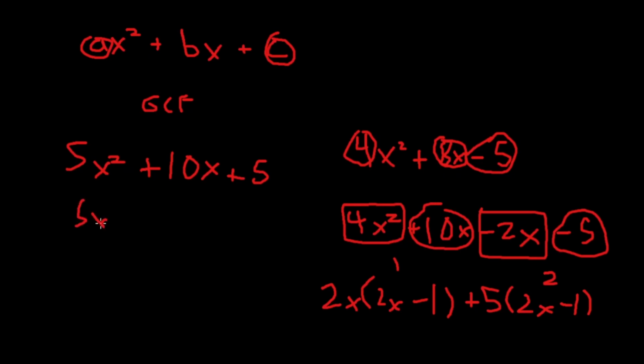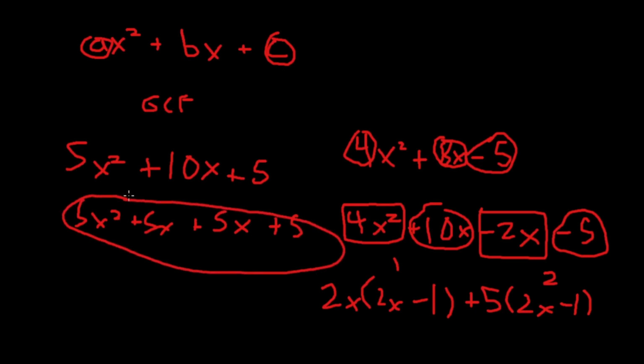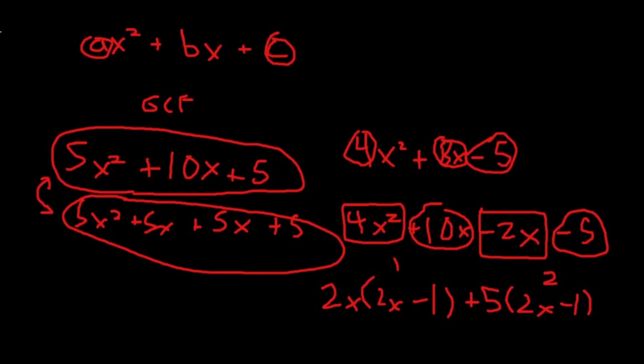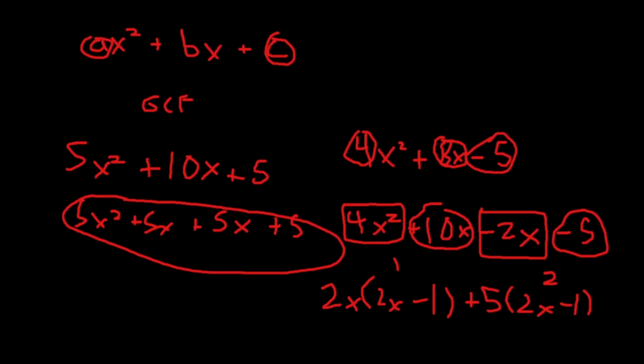We're going to turn 10x into 5x plus 5x. So we didn't change the value of the equation. We just changed it visually. These two equations are 100% the exact same value. They just look different, so we can work with it.